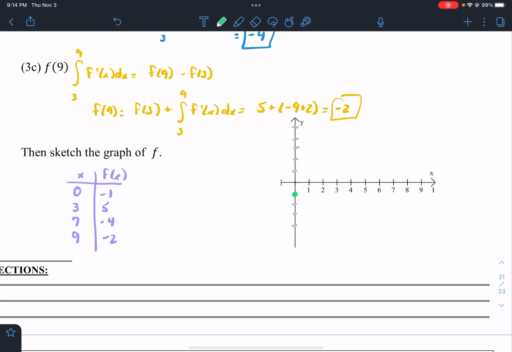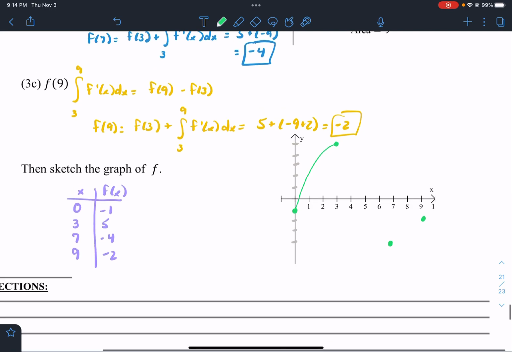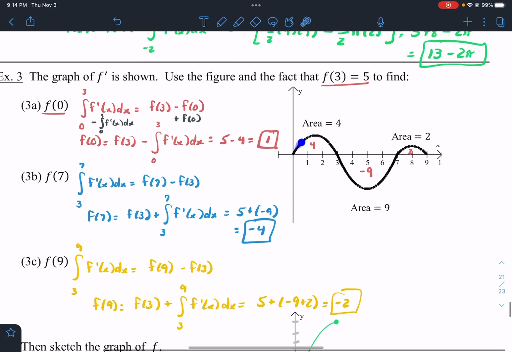So (0, -1). Then you're going to have (3, 5). Then you're going to have (7, -4). Then you have (9, -2). Right, I am dealing with a polynomial of sorts. So I am dealing with a situation where I'm going to increase here because I know that I'm increasing because my derivative is positive until I get to 3.